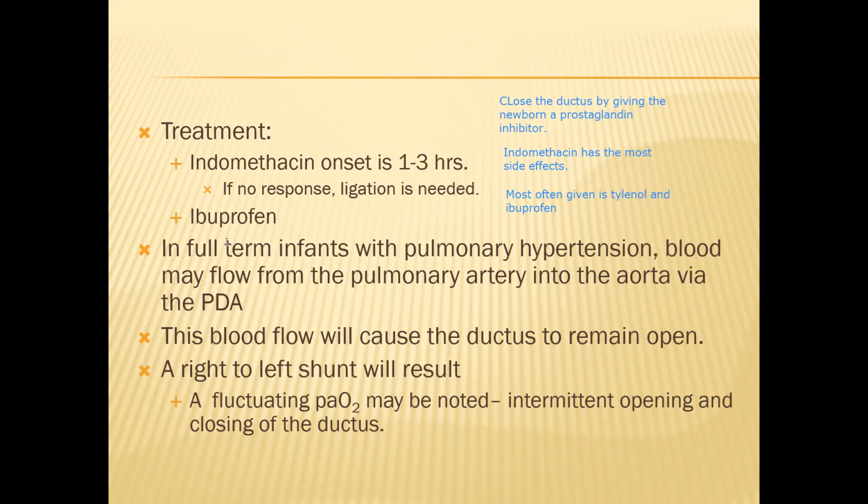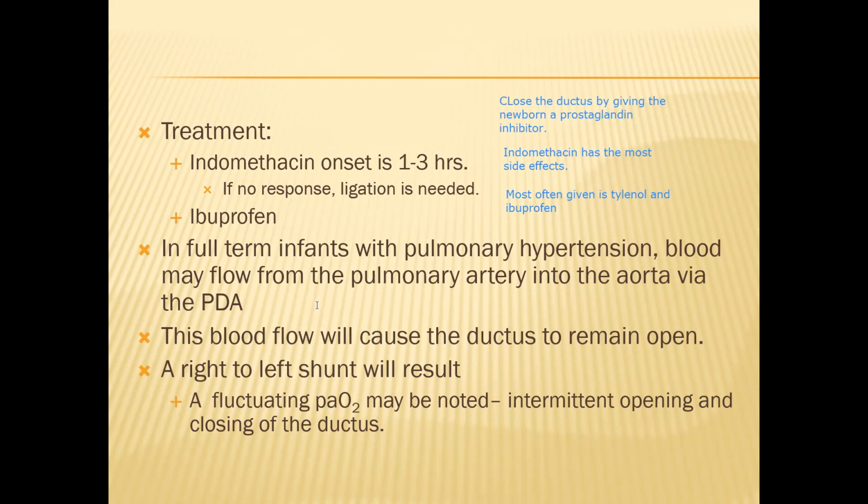So I don't know if this is like a disclaimer in here. It says in full-term infants with pulmonary hypertension, blood may flow from the pulmonary artery into the aorta via the PDA. So blood flow can be both from the aorta into the pulmonary artery, or if there's pulmonary hypertension, the blood can flow from the pulmonary artery into the aorta. So it's always going to flow from higher pressure to lower pressure.